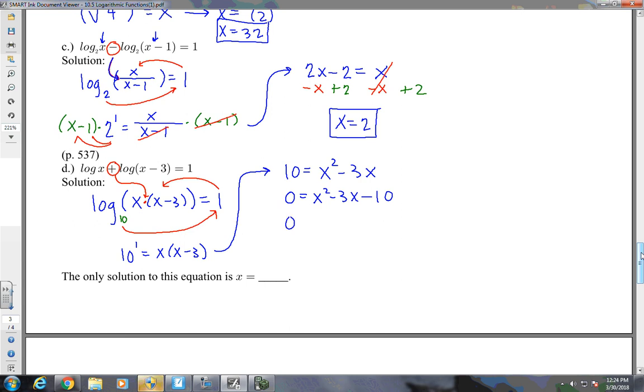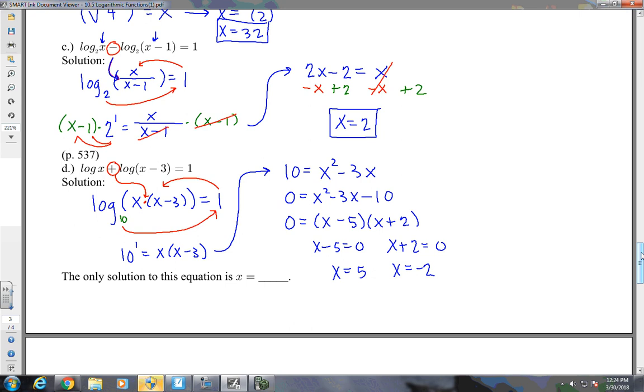We can solve this one by factoring. This one factors as x minus 5 times x plus 2. When we set each of those factors equal to 0, we get two apparent solutions. One solution appears to be 5, the other one appears to be negative 2.